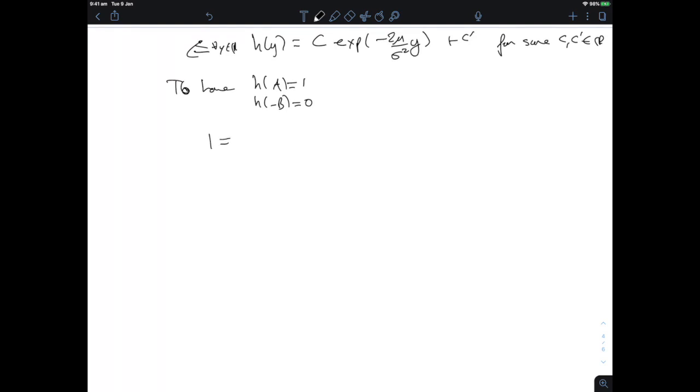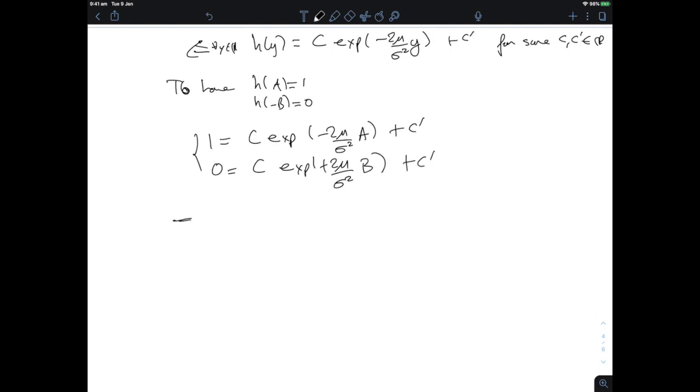I want 1 to be equal to c exponential minus 2 mu over sigma squared a plus c prime, and I want 0 to be equal to c exponential minus 2 mu over sigma squared times minus b plus c prime. And so this means that I want what?